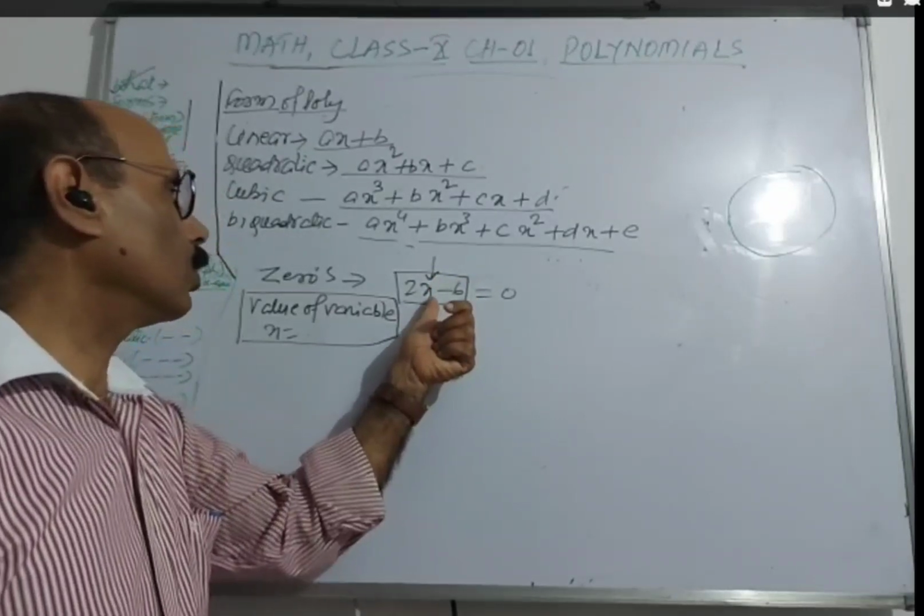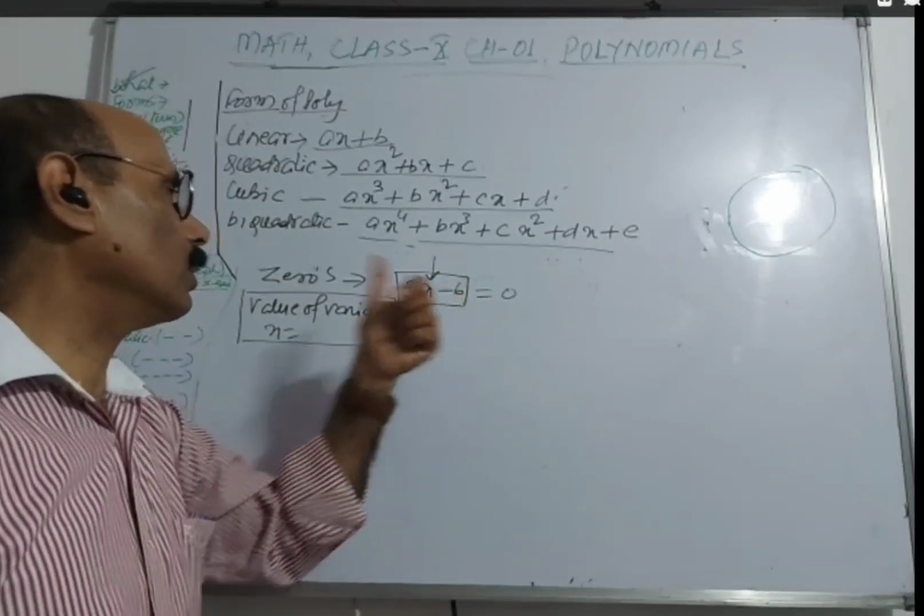That value of the variable is the zero of the polynomial. Keep in mind, the zero of a polynomial is the number which makes the polynomial 0.